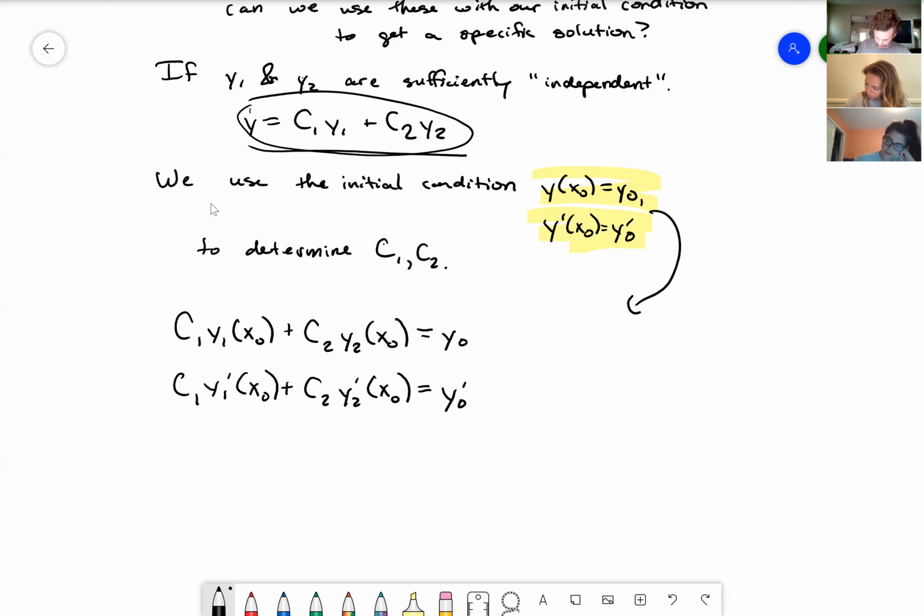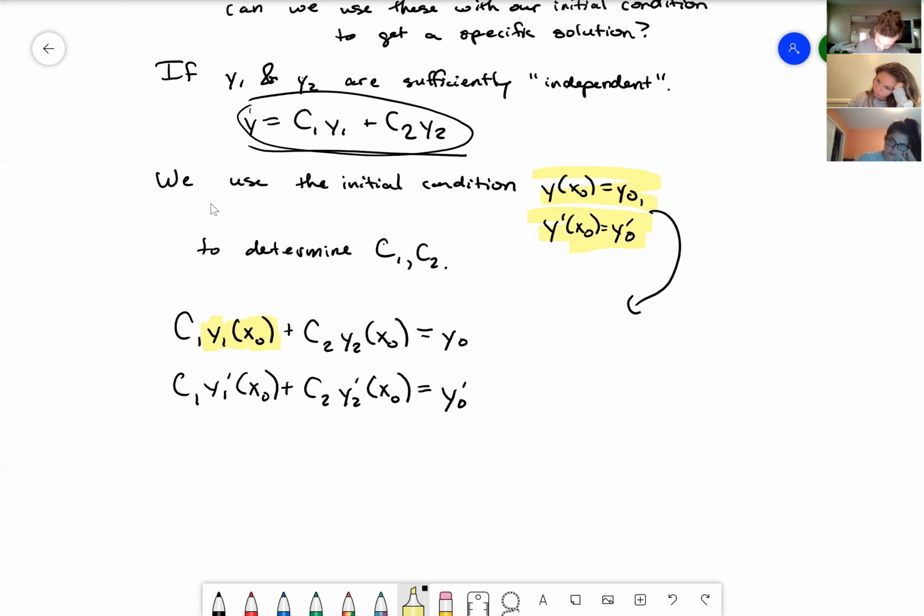Remember, in order to pin down a specific solution of a second order differential equation, we needed two pieces of information. In this set of equations, we know what y1 and y2 are. Those are our hopefully fundamental set of solutions that we've figured out.